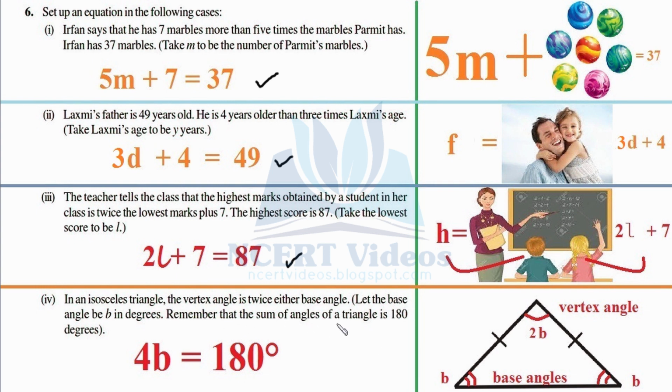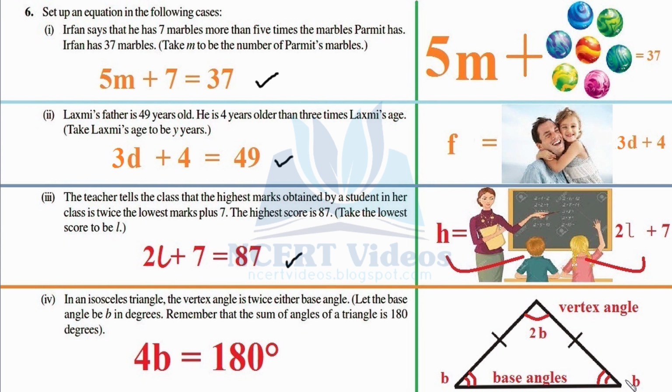Now remember that the sum of angles in a triangle is 180 degrees. Well, we are talking in terms of angles. So we know for any triangle, not only for an isosceles triangle, but for any triangle the sum is 180 degrees. Now we are just going to add it, but we are equating it to 180 degrees.